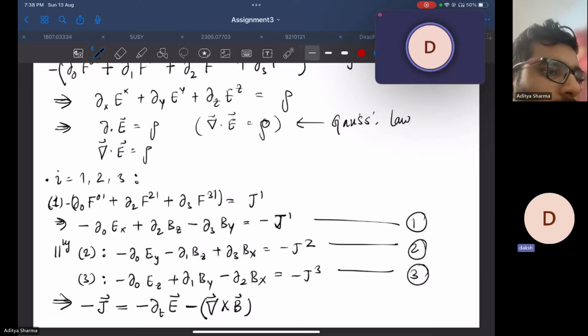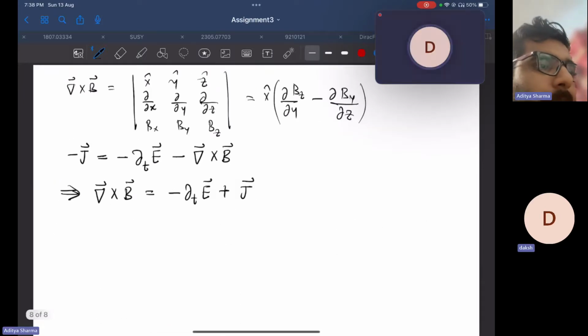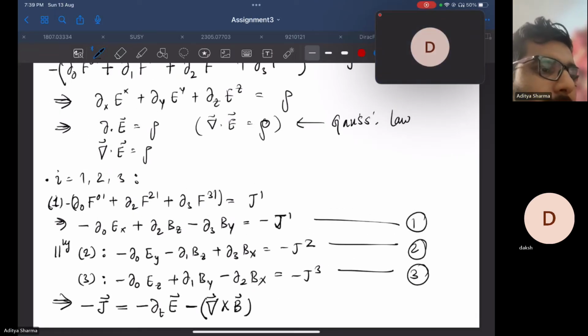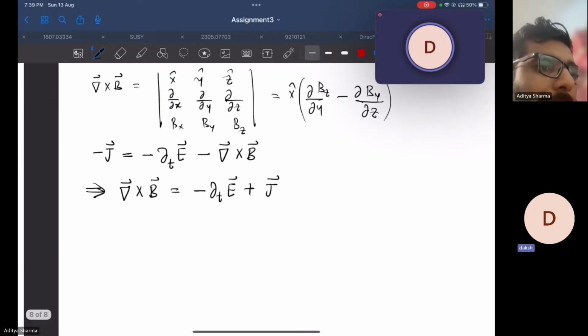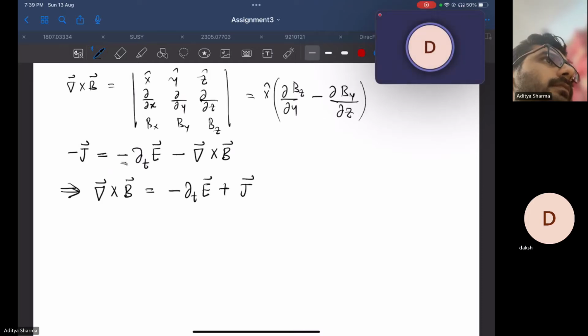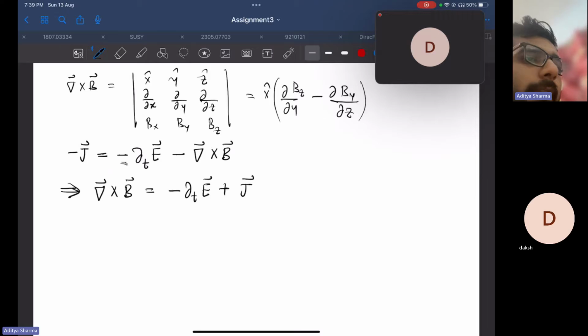Curl of B should be positive. But in the final equation you wrote minus curl of B. So curl of B goes this side and J will go this side. So there should be a plus here. In Maxwell's equation, this is plus, right?